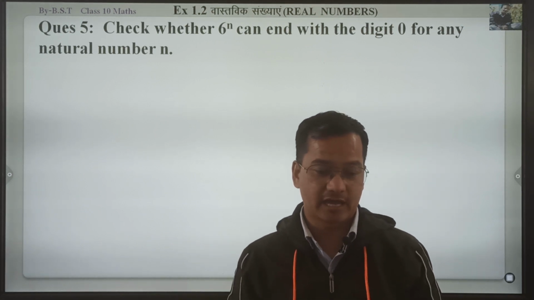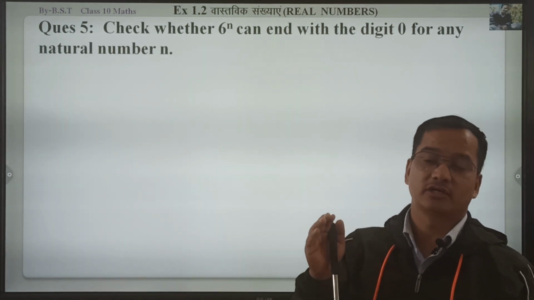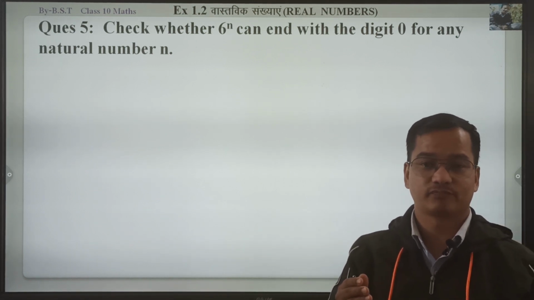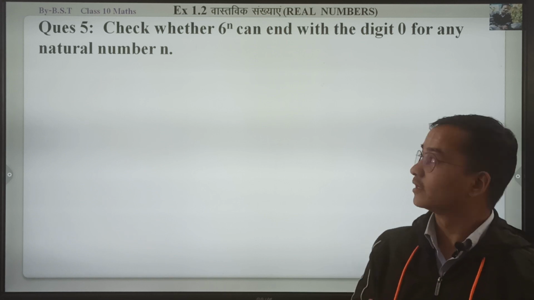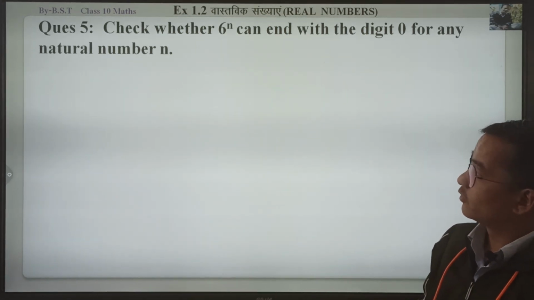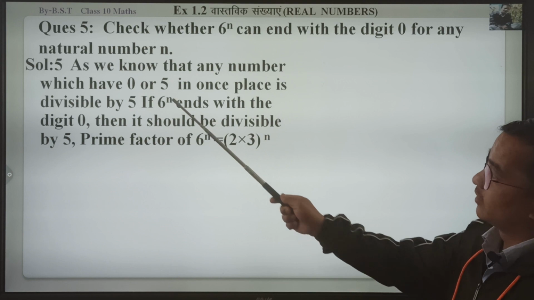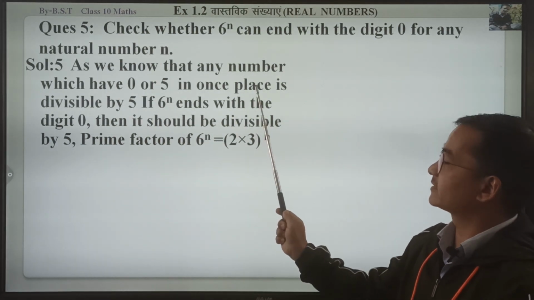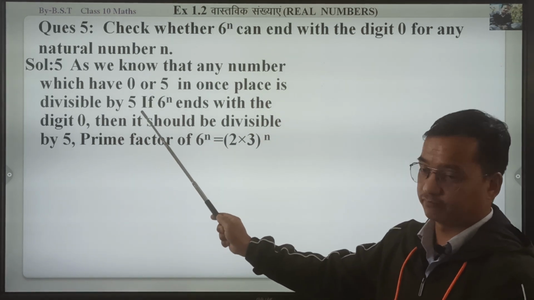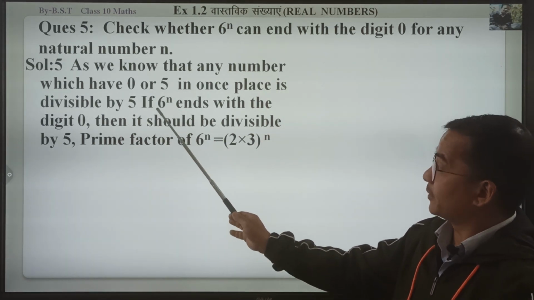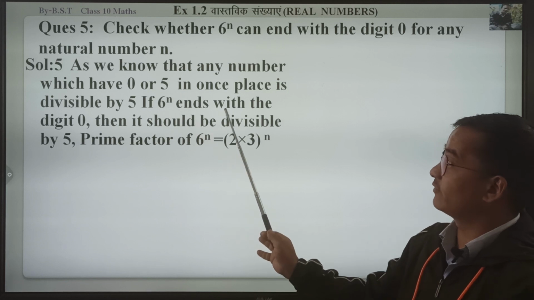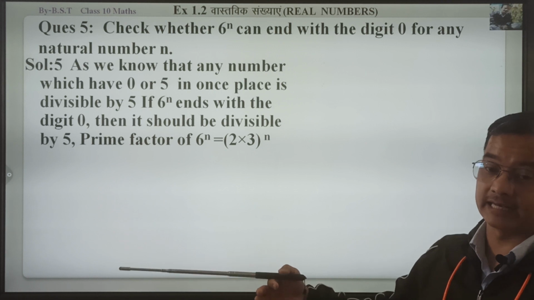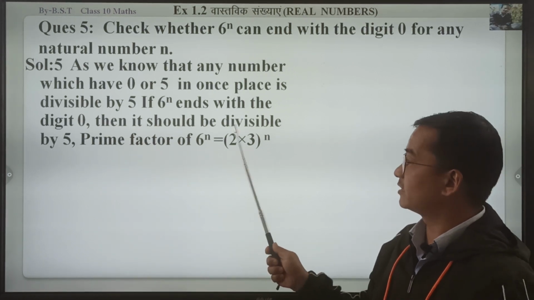Any number which has 0 in the one's place is divisible by 5. So we can say any number which has 0 or 5 in the one's place is divisible by 5. You know very well. If 6 की power n ends with the digit 0, then it should be divisible by 5.